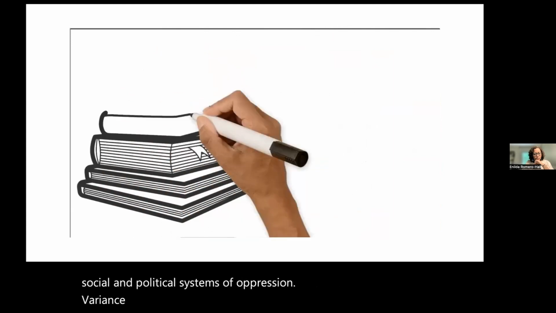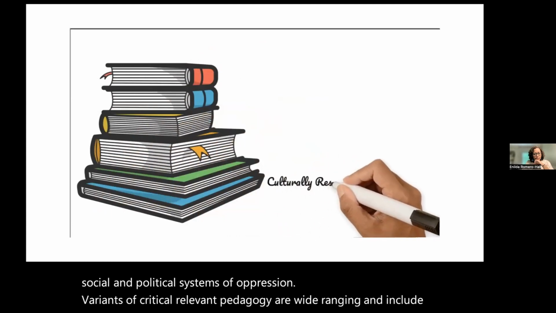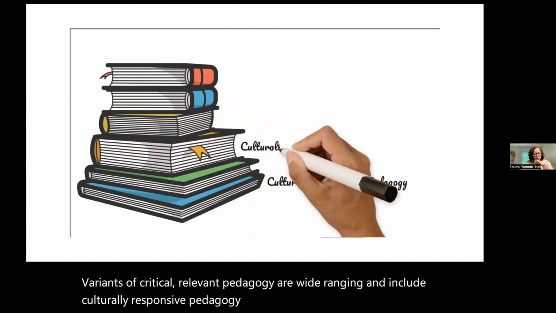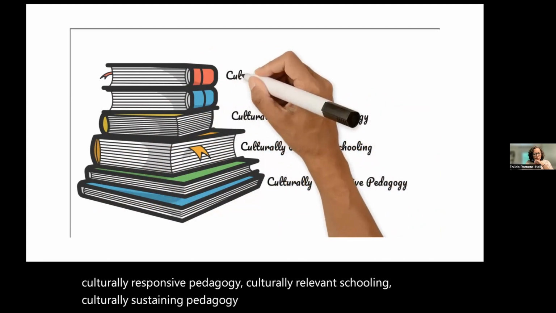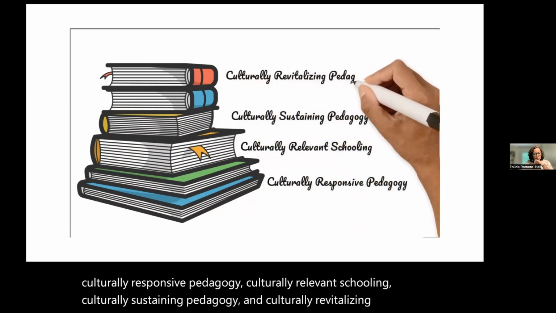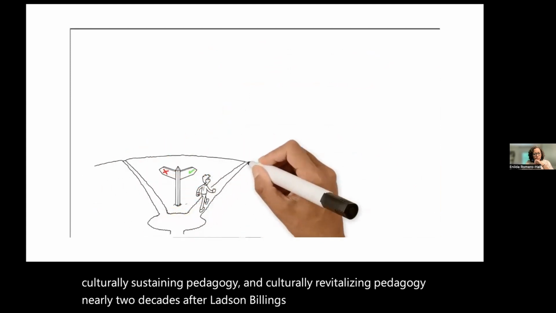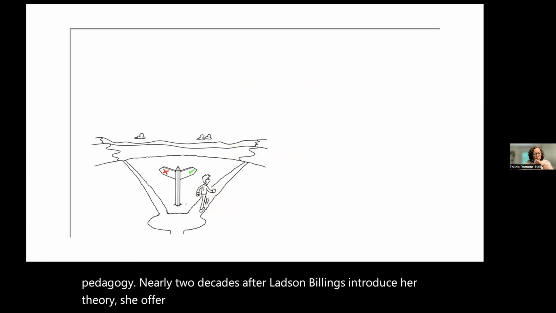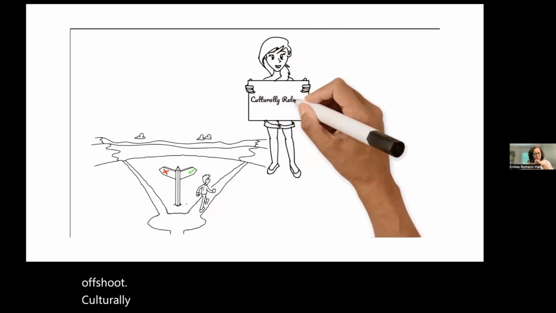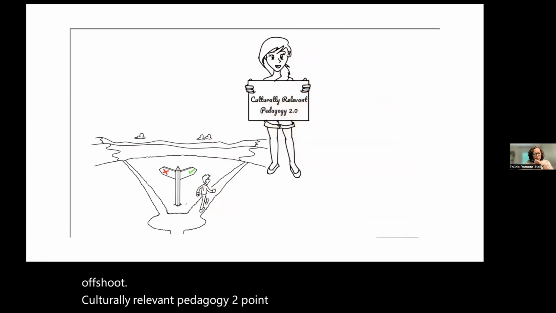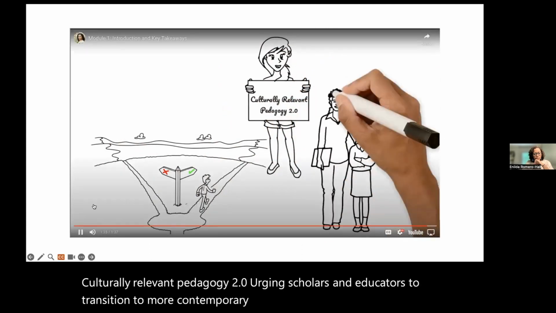Variants of culturally relevant pedagogy are wide-ranging and include culturally responsive pedagogy, culturally relevant schooling, culturally sustaining pedagogy, and culturally revitalizing pedagogy. Nearly 2 decades after Ladson-Billings introduced her theory, she offered a retrospective on her research and its theoretical offshoot, Culturally Relevant Pedagogy 2.0, urging scholars and educators to transition to more contemporary, culturally sustaining pedagogy.